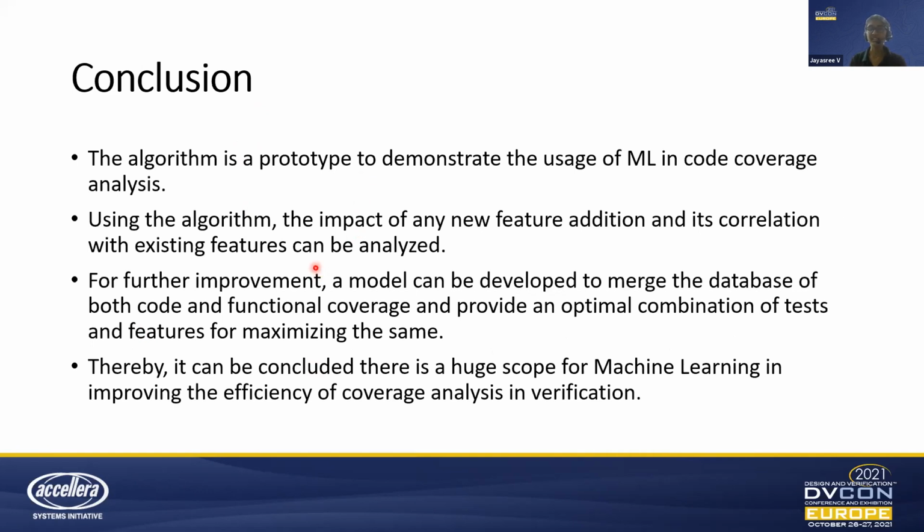Further, a model can also be developed that will combine the database of both code and functional coverage and provide an optimal combination of test cases and features that will maximize the coverage. So, it can be concluded that there is a huge scope for machine learning in improving the efficiency of coverage analysis in verification.